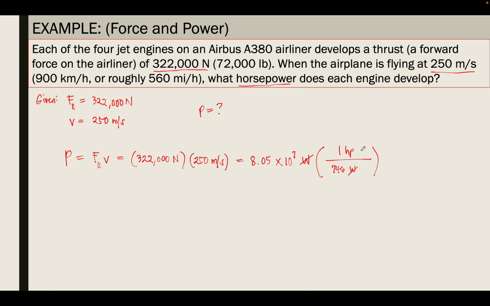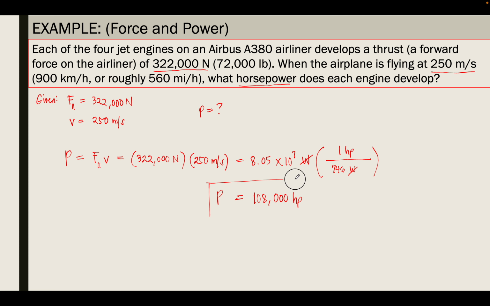We have 8.05 times 10 to the power of 7 divided by 746. So the power is equal to 108,000 horsepower or HP.